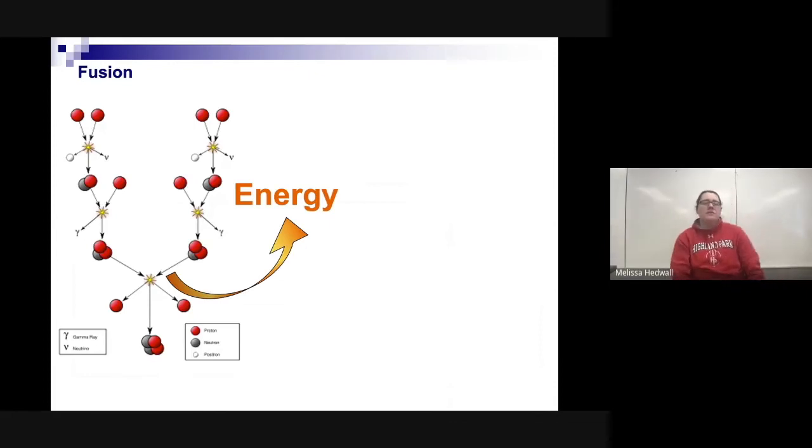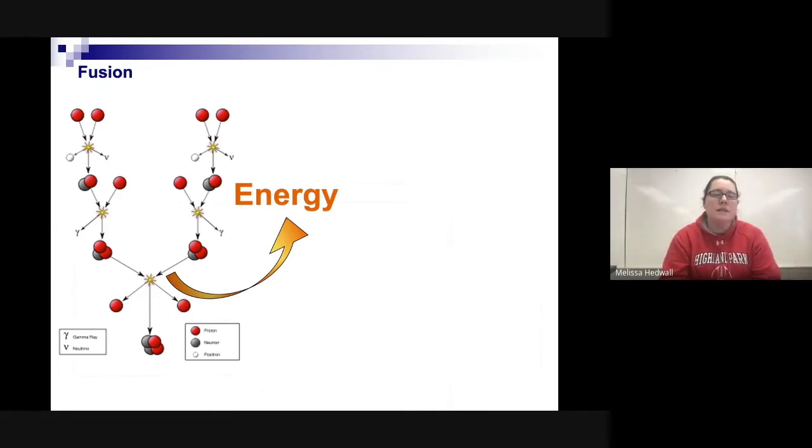So here's what this visually looks like. If you look at the top, this process is all kind of happening simultaneously. If you look at the top along the left-hand side, you have two red spheres there. And each of those is a proton.